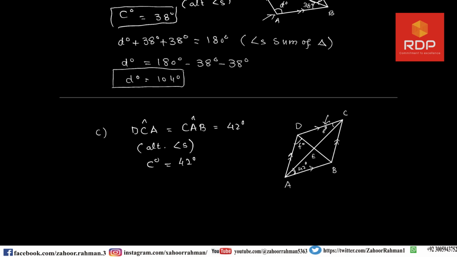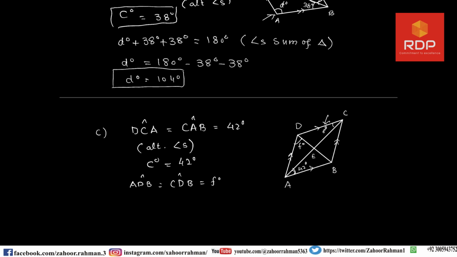So we are going to find it, and we can write angle ADB is equal to angle CDB, which is equal to F degree. Both are equal.